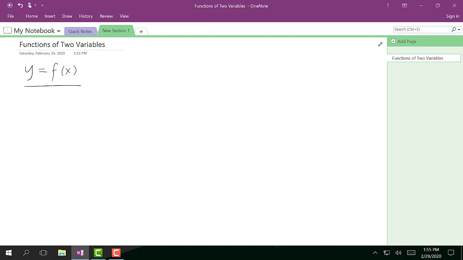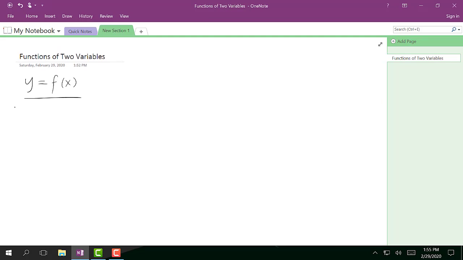So you may or may not have seen or heard of what's called a signature of a function, but basically a signature tells you what your inputs look like and what your outputs look like. So for a function like this, you have one input x, which is a real number. So we write this boldface R, which denotes the set of all real numbers, and we draw an arrow into another R, which is another real number.